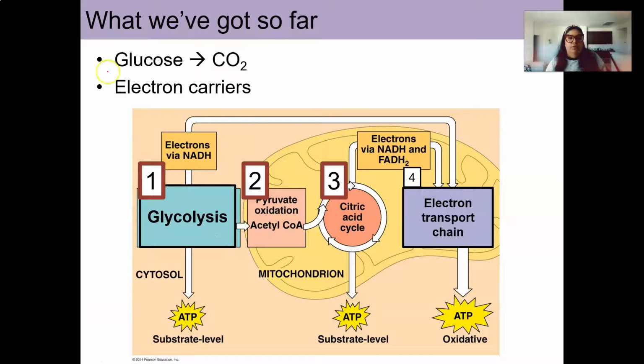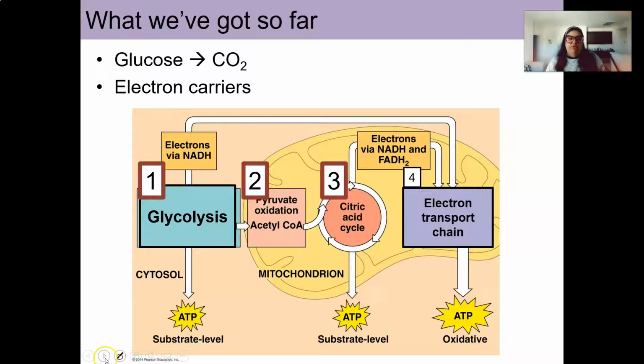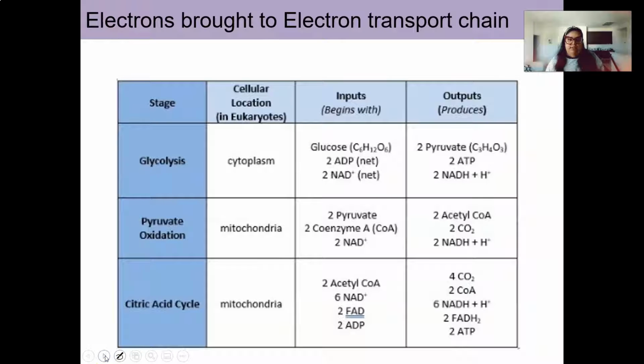So, we have now converted glucose into CO2, and now we have some electron carriers that are making their way over to our step 4, the electron transport chain. So let's look at step 4 and see what we do with all of these electrons.